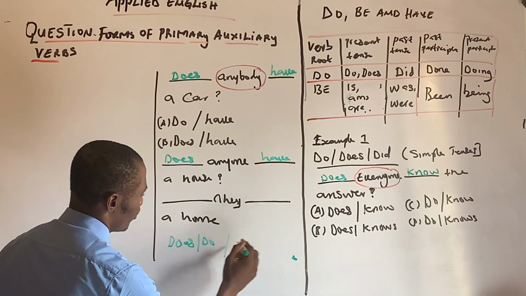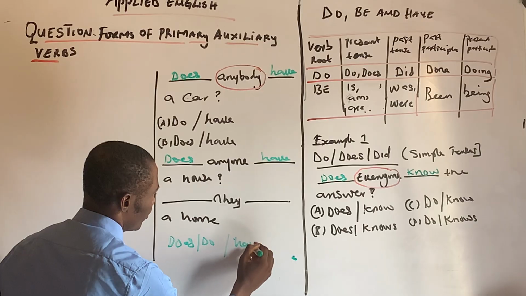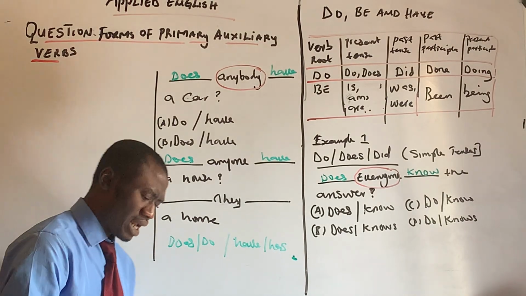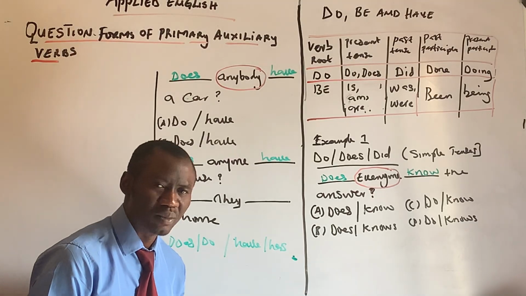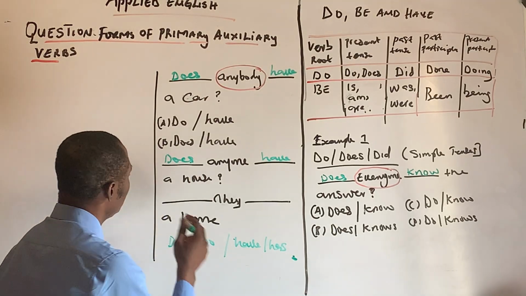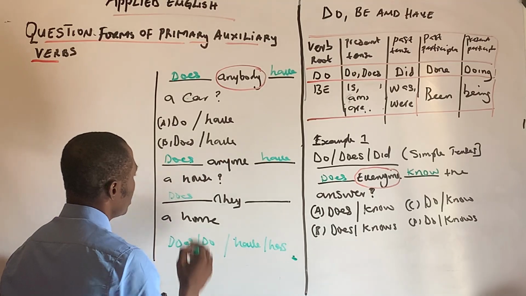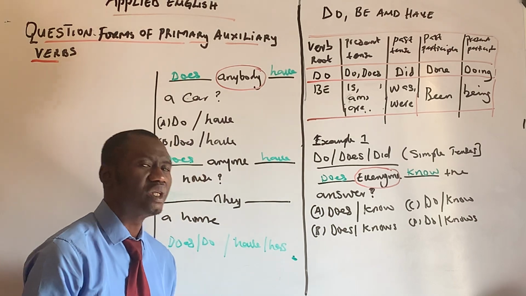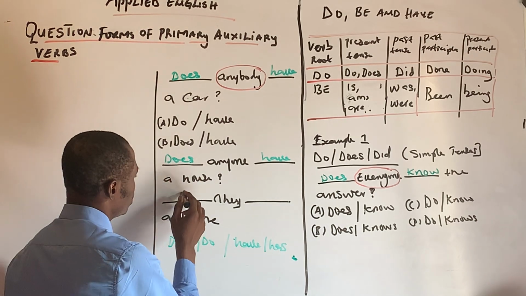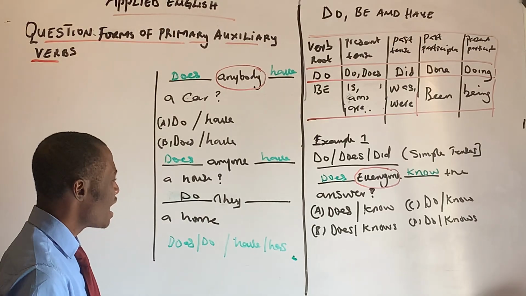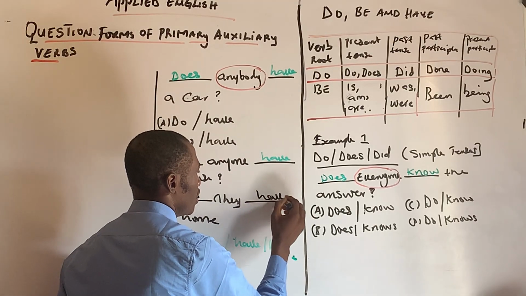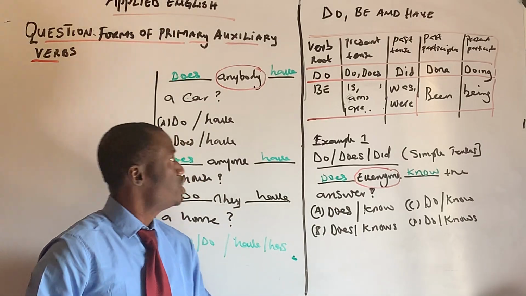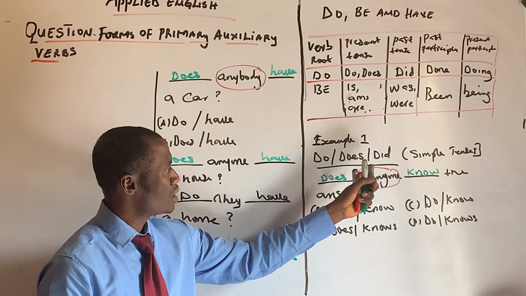And choose again from here: have or has. Now, how do we fill in the answer? This is a plural subject, so the answer will be do, because do is the plural form of does. So this will become: do they have a home? Now we have known how to form questions using do, does, and did.